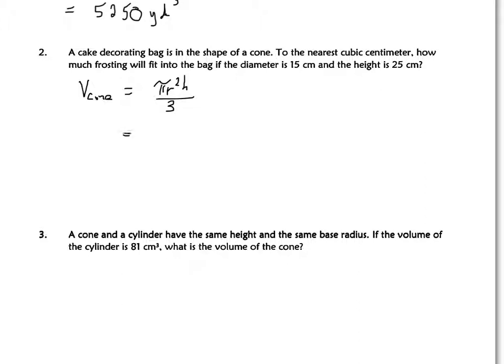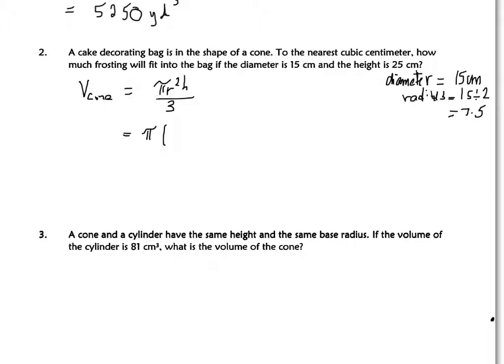So we have, it says that the diameter is 15. So if the diameter equals 15, therefore the radius is 15 divided by 2, or 7.5.